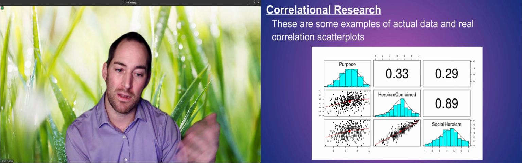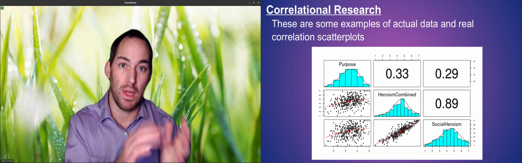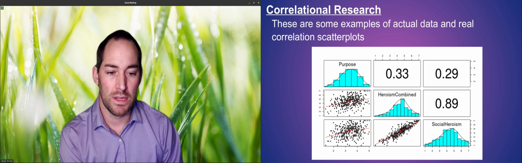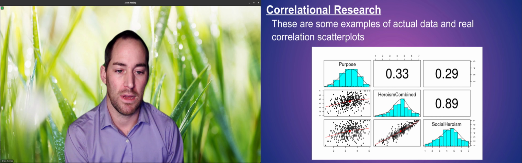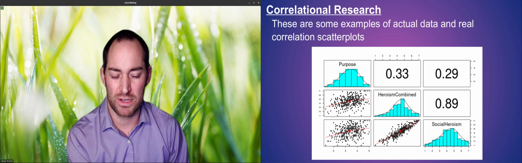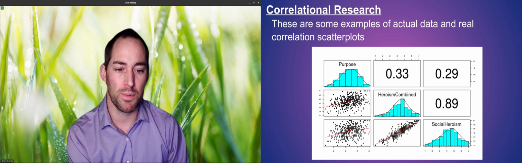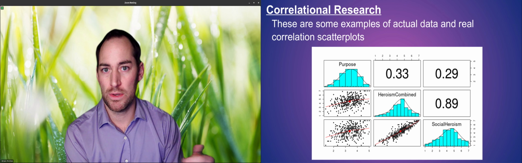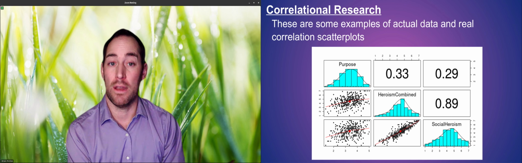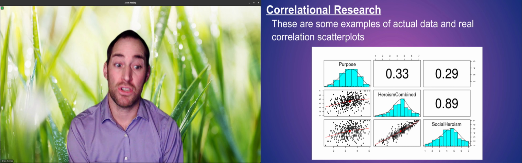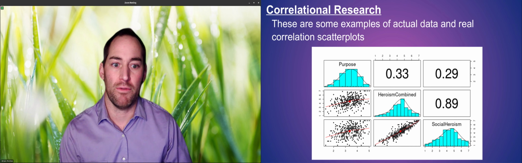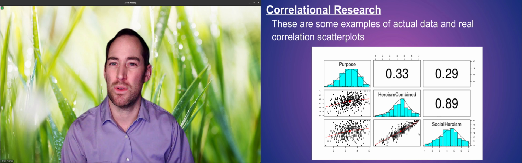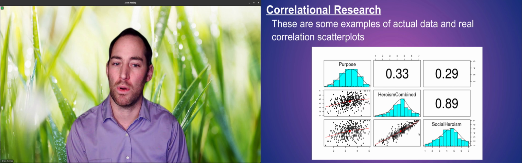So you see they're on the outside edges of this distribution versus this person right there in the cluster. Maybe let's just use the red dot in the middle. So this person in the very middle of the distribution scored a 4 on social heroism and a 4 on actual heroism. So clearly these should be very related because half of the questions are the same. So there should be a really strong positive correlation there, and this just gives you an idea of what an actual strong positive correlation looks like.